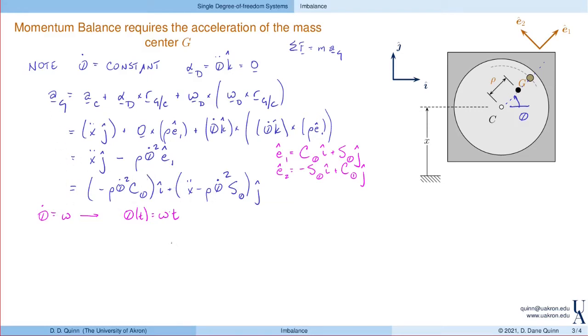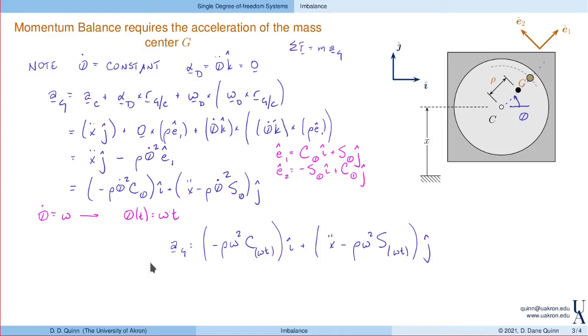What that means is that I can take this and finally solve for the acceleration. So the acceleration becomes minus rho omega squared cosine omega t in the i direction, and then plus x double dot minus rho omega squared sine omega t in the j direction.